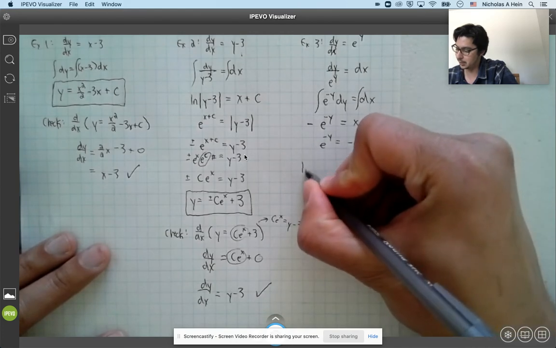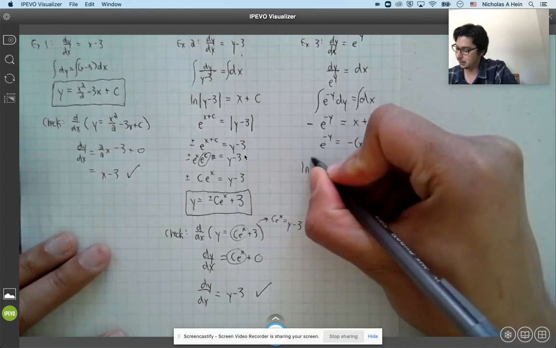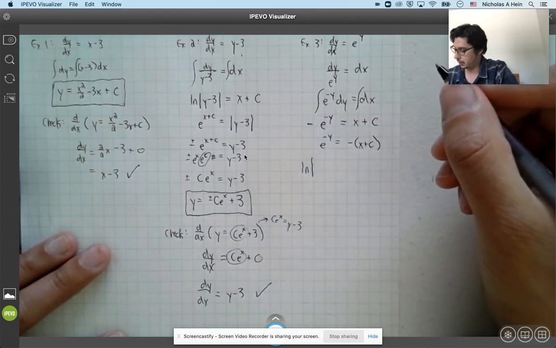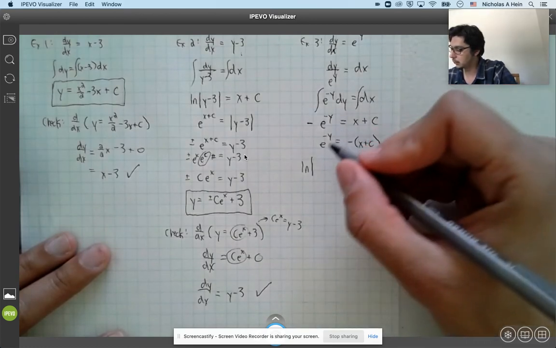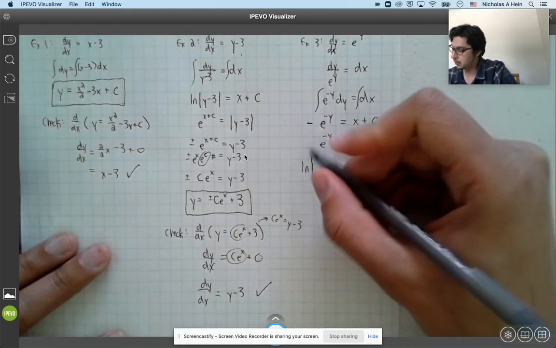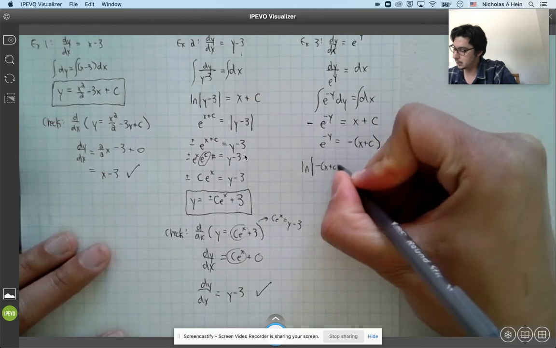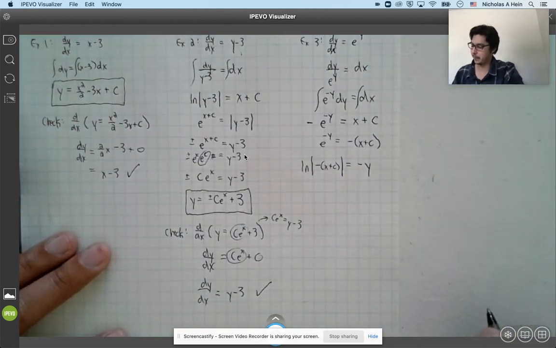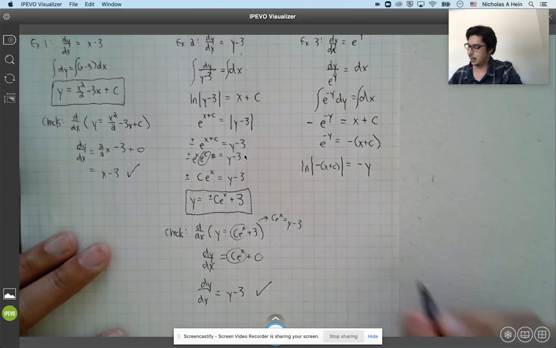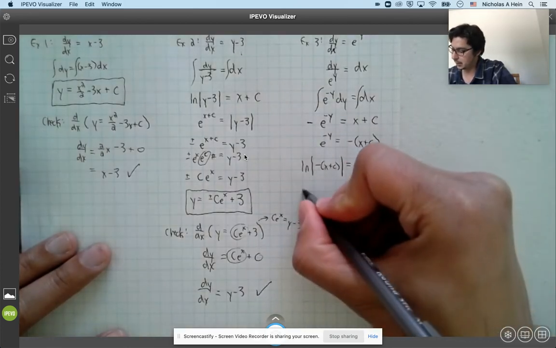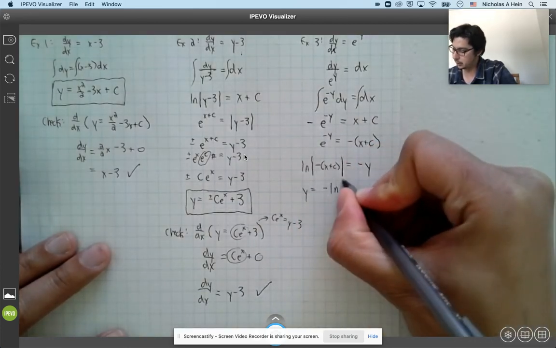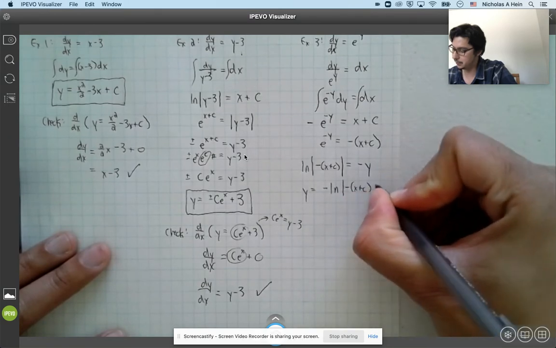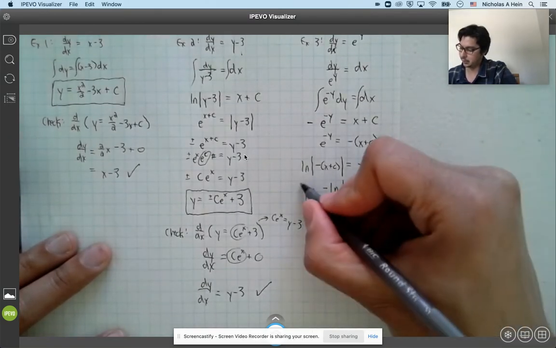So this would be the same as saying natural log of e to the negative x plus c is equal to negative y. Okay. And then bring that negative to the other side. So we'd have negative natural log of negative x plus c. And I believe that's your answer there.